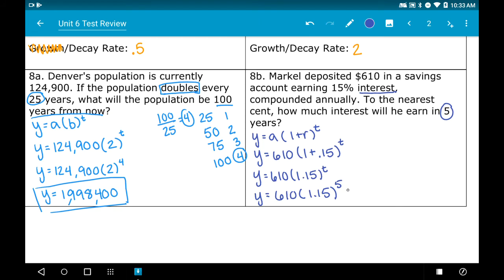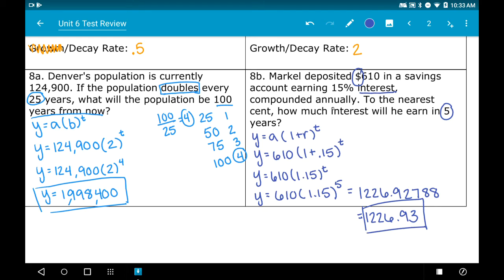So our answer here is 1,226.927888. But this one is about money, so we can only have 2 decimal places. And notice there's a 7 here, so we're going to have to round up. So it'd be 1,226.93. So that is the total amount that Markel would have saved after 5 years.